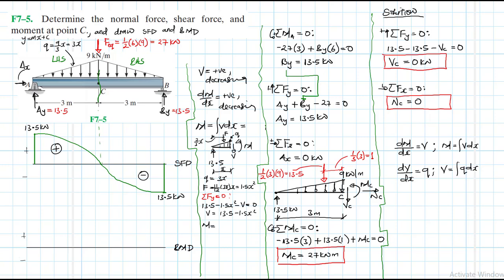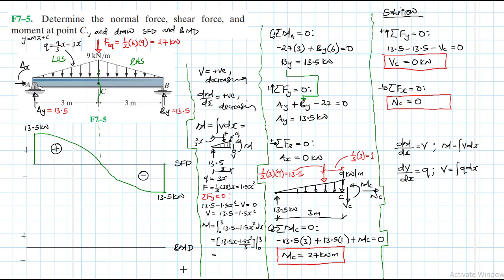Therefore M is equal to, like we said, the integral of V, integrating from 0 to 3 of 13.5 minus 1.5 x squared dx. So this gives us 13.5 x, if we integrate this, minus 1.5 x to the power 3 divided by 3, evaluated from 0 to 3.